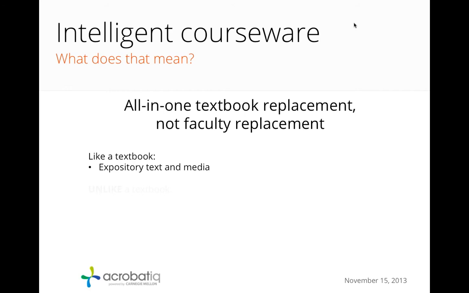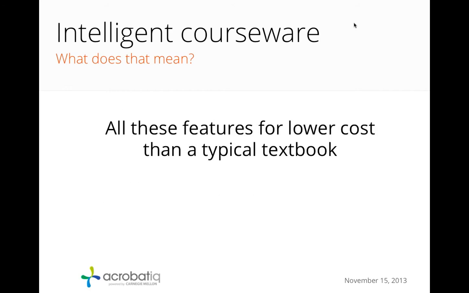So as an all-in-one textbook replacement, we need to investigate what that means. Like a textbook, our intelligent courseware has things like expository text and media, of course. But unlike a textbook, you're going to find adaptive practice and graded activities, a grade book where all the students' progress is recorded, and a learning dashboard, where all the measurement of their learning is visualized with certainty.